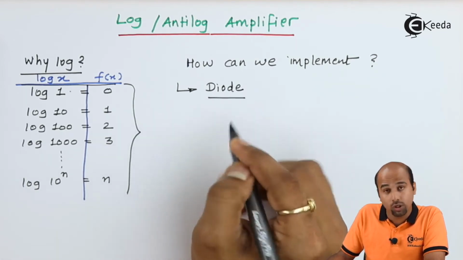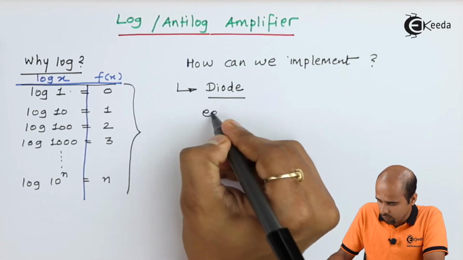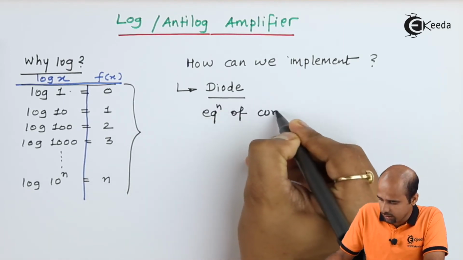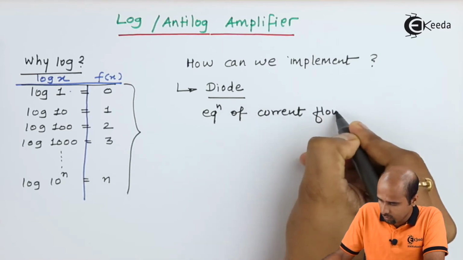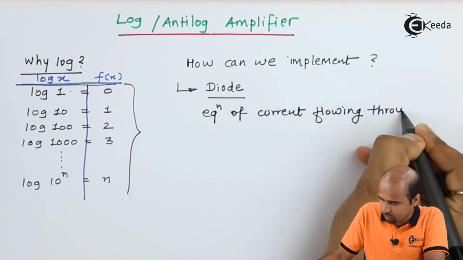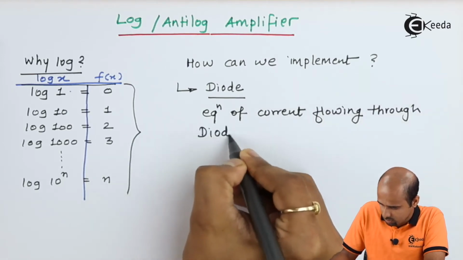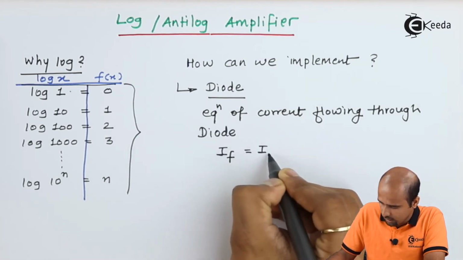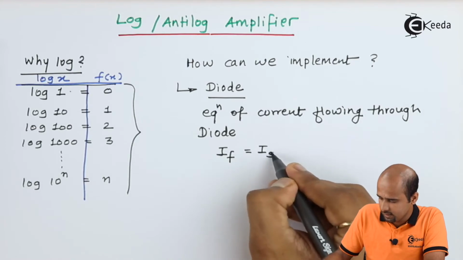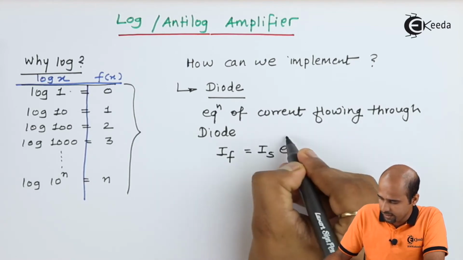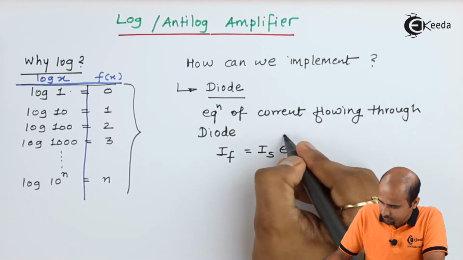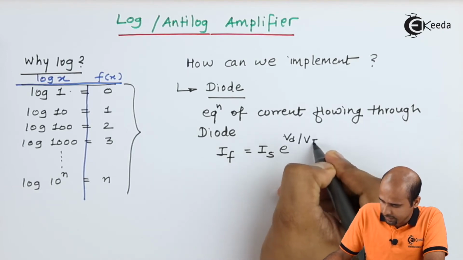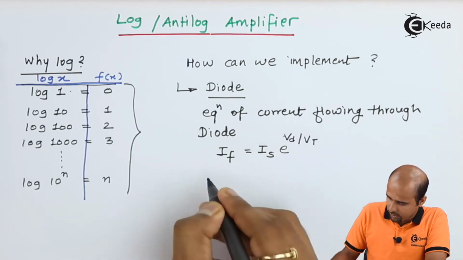First of all, we have to learn the equation of current flowing through the diode. That is nothing but IF is equal to IS multiplied by e to the power Vd divided by Vt. Let us learn the terms one by one.